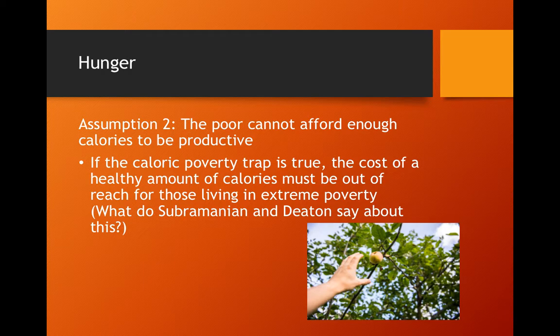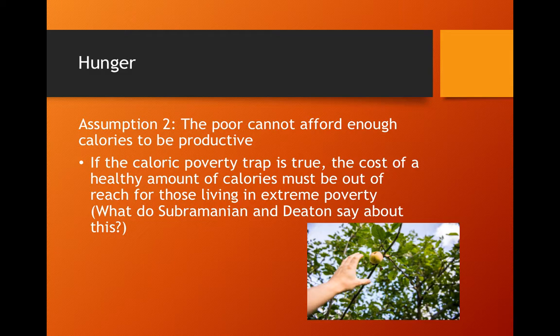Now, Subramanian and Deaton hit back hard against this assumption and say basically, when we look at the costs of things in India and the amount of money that even the extremely poor have, it's actually very cheap to buy enough calories for one day for a person, assuming they spend that money on the cheaper kinds of goods, grains and stuff like that. That's very cheap to do.